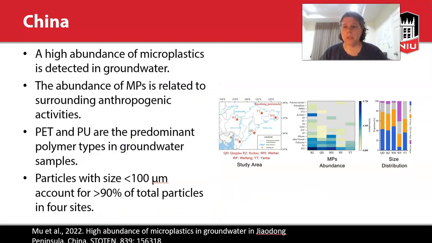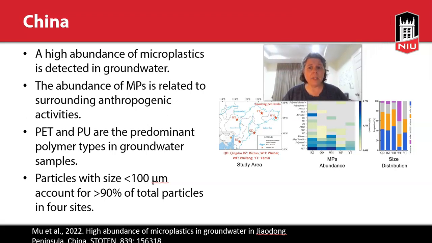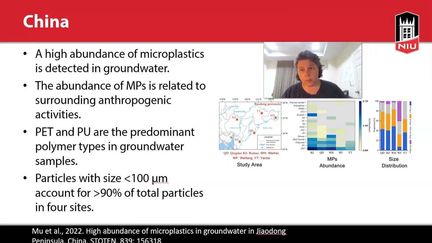Another paper was done in China, and they found a high abundance of microplastics detected in groundwater, but these were associated with anthropogenic activities, human activities. In this case, a lot of it was landfills. Those are large, big things of plastic, and when we're close to them, we actually do see that microplastics can get in there.